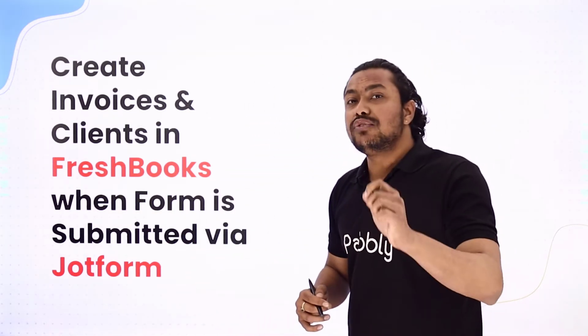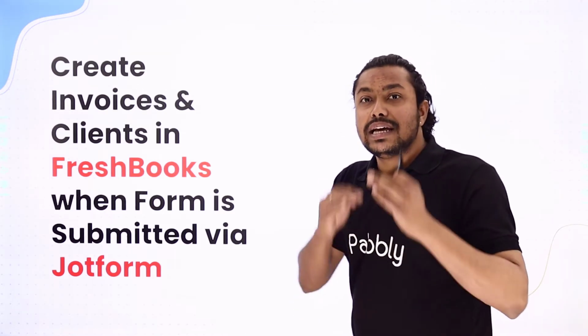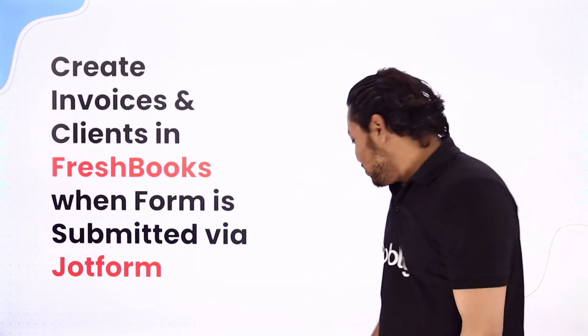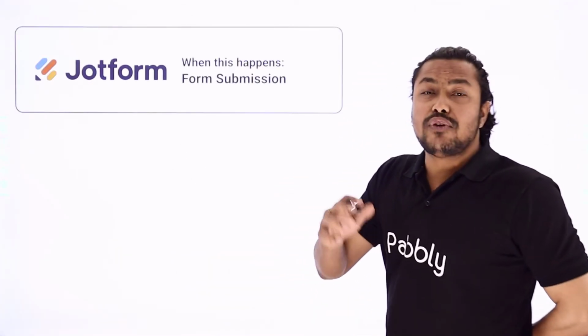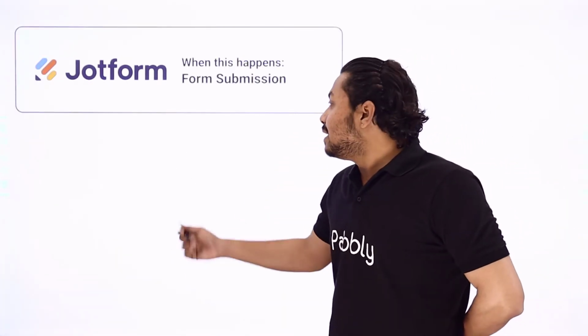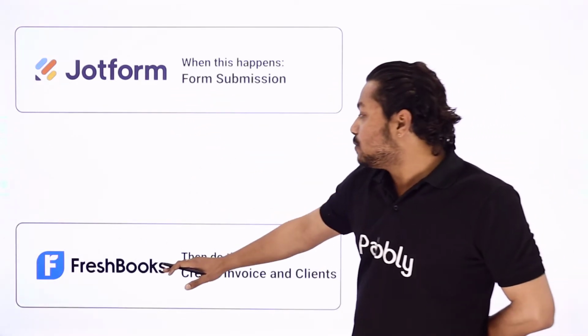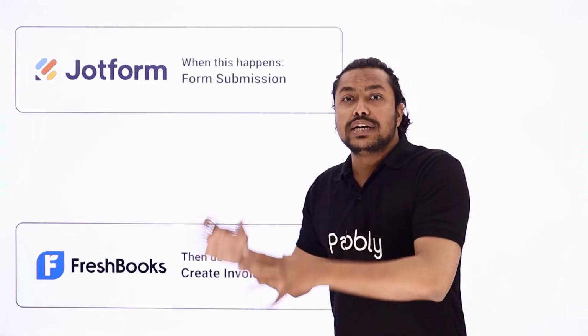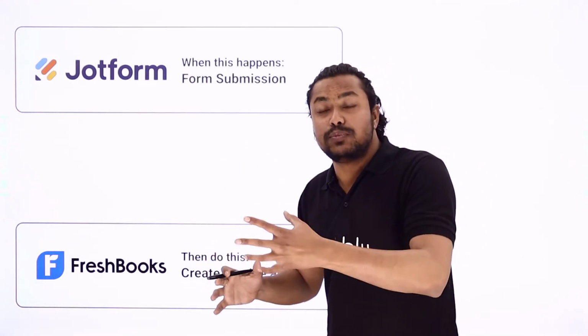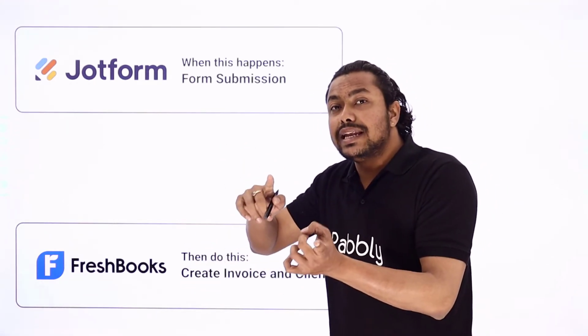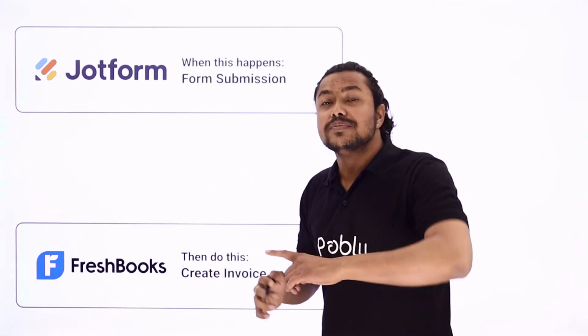Now, how we are going to do that? Before that, I am going to tell you what we are going to do. So first, we are going to make a form submission through Jotform, and then from that form submission, the data will be sent to Freshbooks and a new invoice will be created on the Freshbooks if the customer is an existing customer on the Freshbooks.